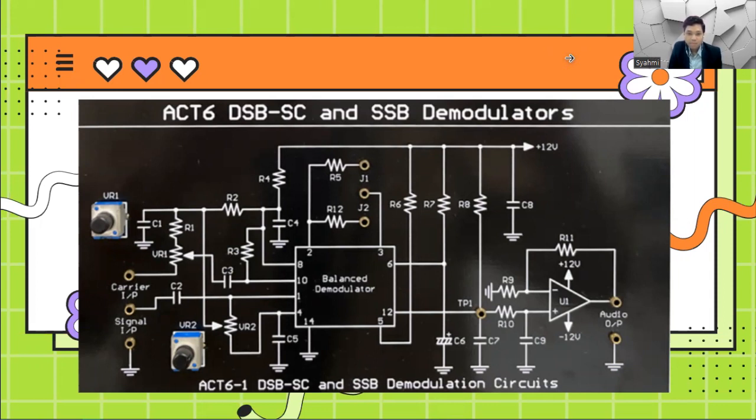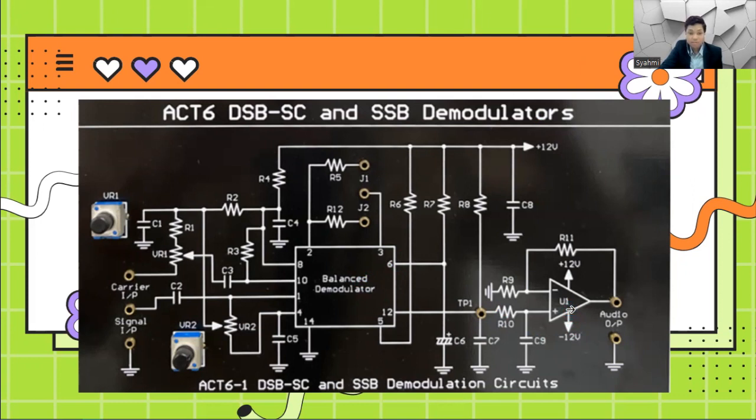This device applies the product detector technique since it has the balanced demodulator MC1496 and also the op-amp UA741. So let's learn how it works.